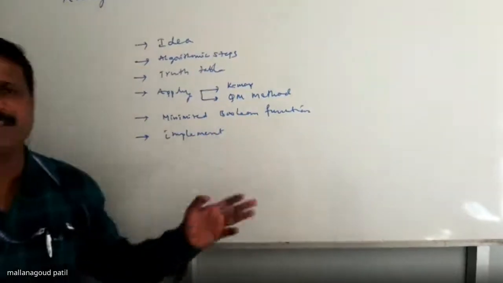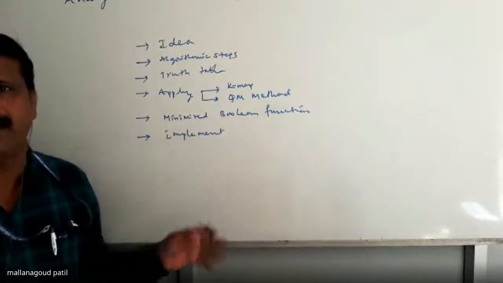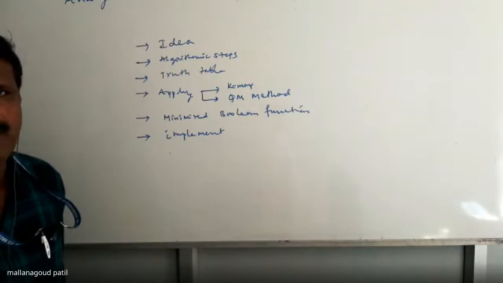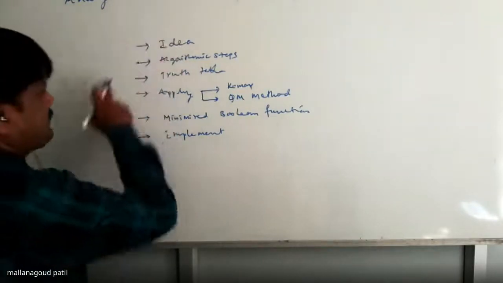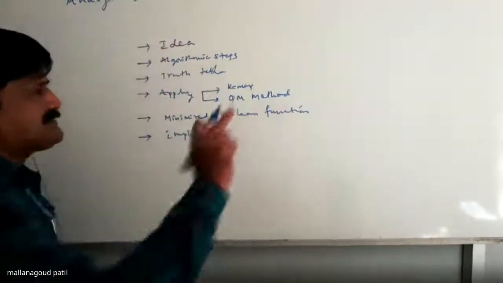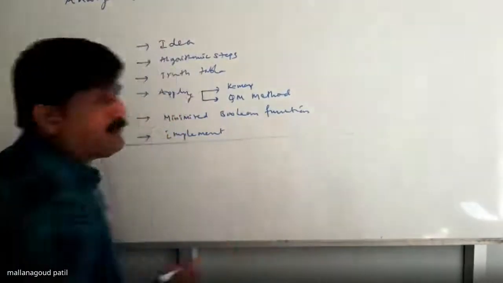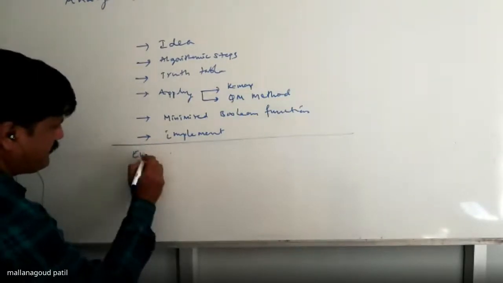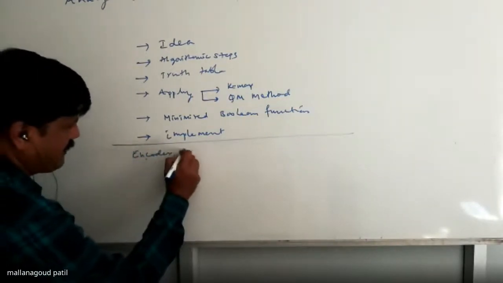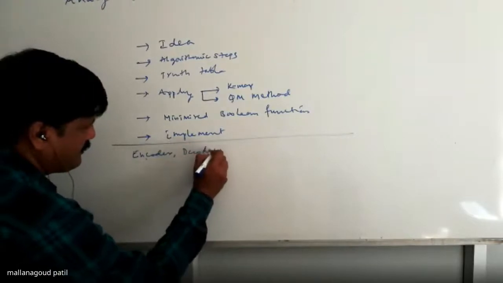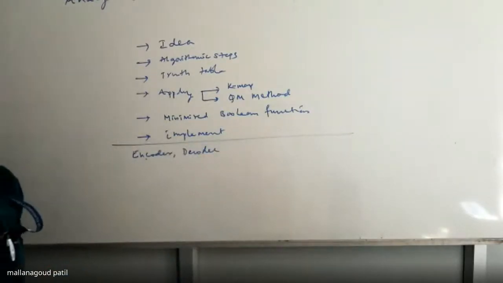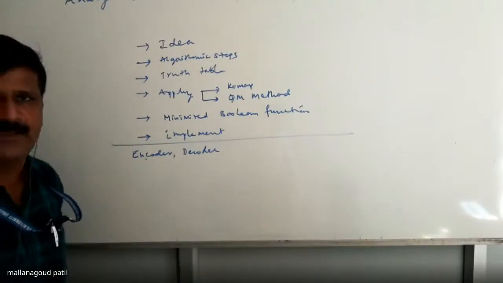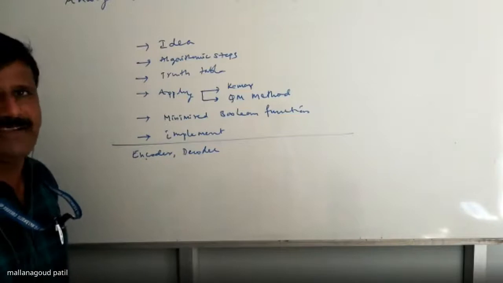That implementation is once again a conventional circuit, that is basic gates, or you can go for universal gates at this level. Apart from this, what will you study in this module? You have an encoder, you have a decoder. These are readily available circuits that you can use for your application, but you must know what they are and how exactly they are designed.